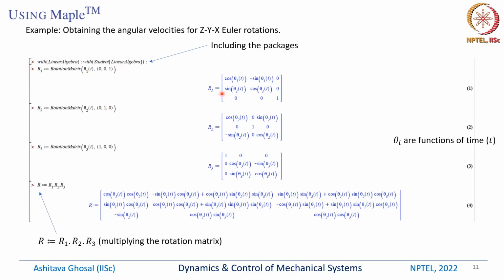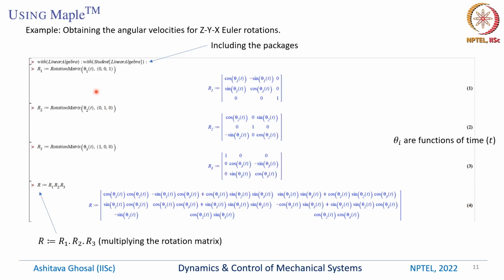So you can see R1 is cos theta 1(t), minus sin theta 1(t), 0, 0, 1, sin theta, cos theta, and so on. This is a simple rotation about the z-axis. You can do it very simply in one step, and it comes out, as I said, written in blue. This is the output of Maple when you type this command.